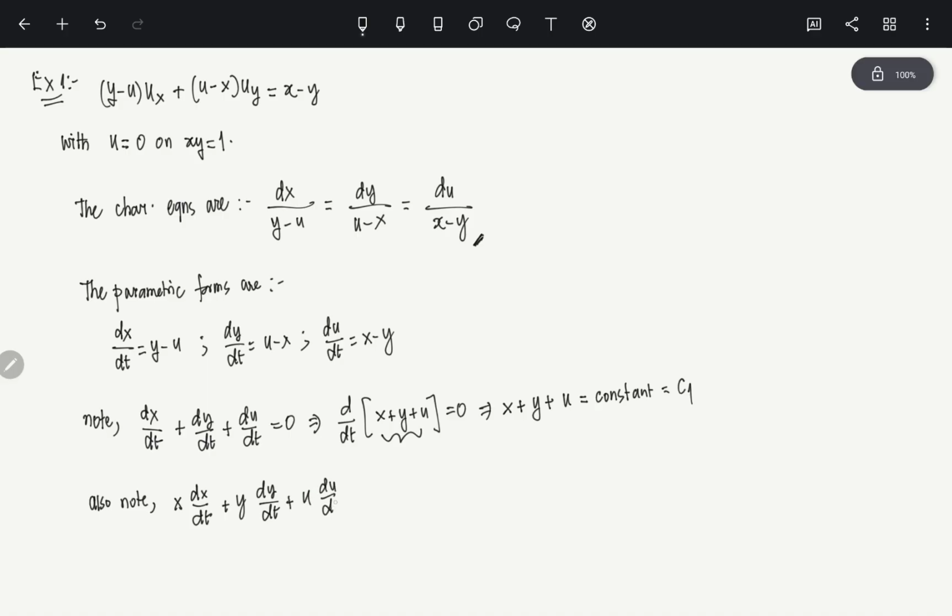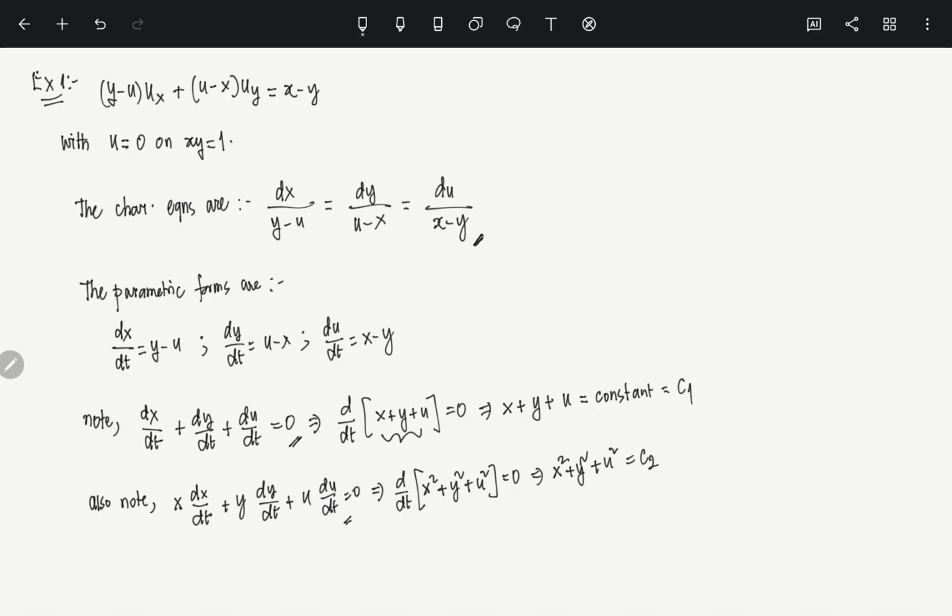First you observe this one, and then you also observe this one. If this is true, that will imply d by dt of (x square plus y square plus u square) is equal to 0, which will imply x square plus y square plus u square is another constant. Let's call it C2.